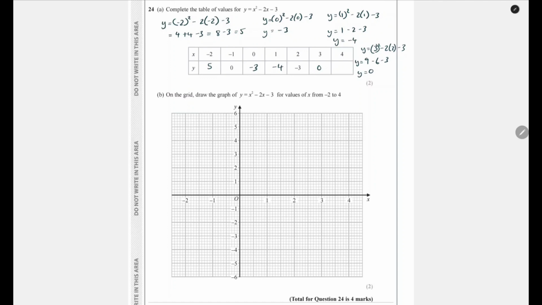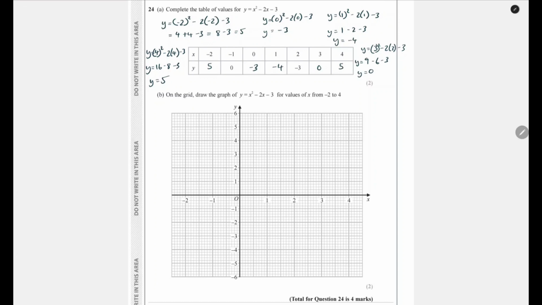And finally, for x is equal to 4, we have y is equal to 4 squared minus 2 times 4 minus 3. 4 squared is 16 minus 2 times 4, which is 8 minus 3. And therefore y is equal to 5. So when x equals 4, y is equal to 5.